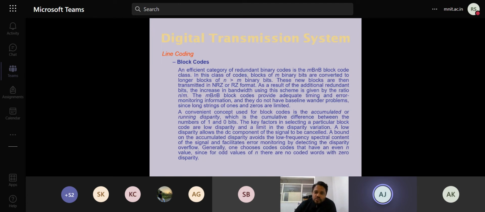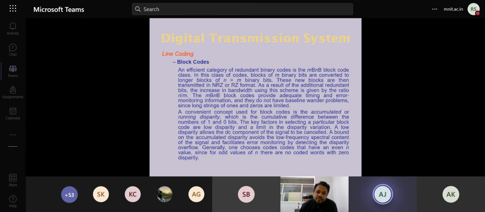Block codes are another class of codes which are not only helpful in finding the level of the signal.